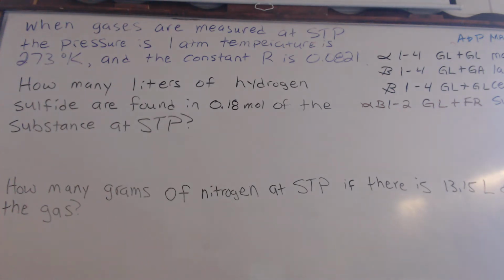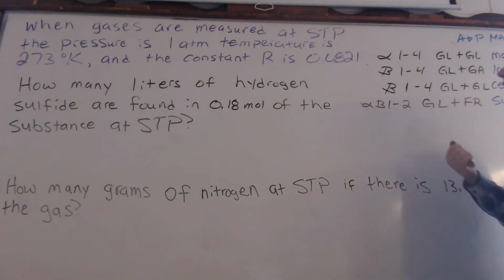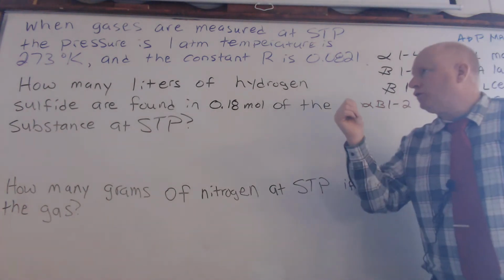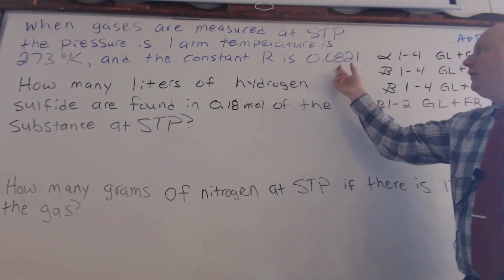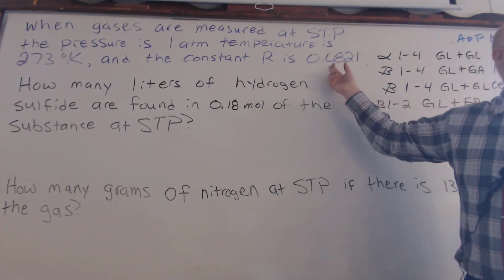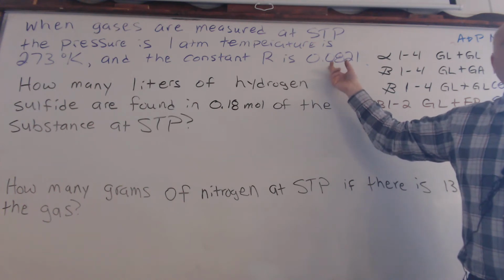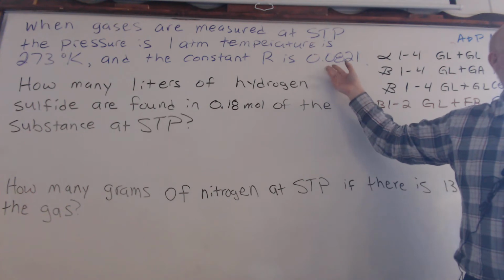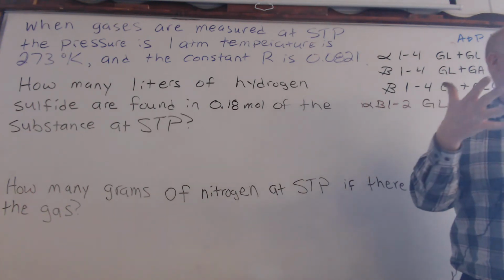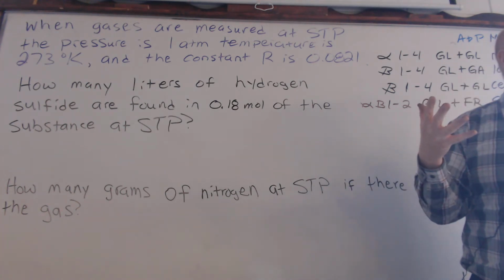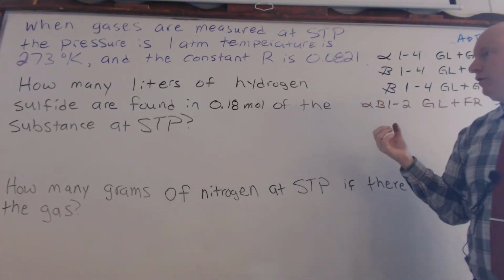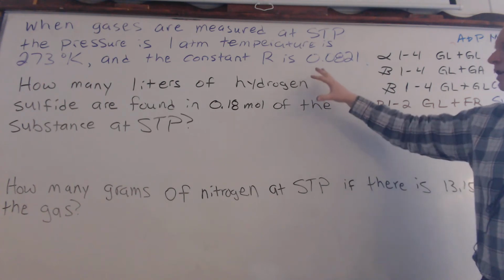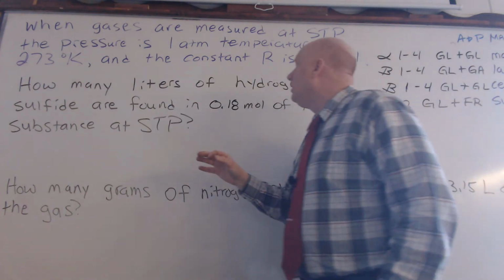You can, because we know what the pressure is, 1 atmosphere, and the temperature is 273. And then this is also a constant, okay? 9.8 is a constant. 3.14 is a constant. I'm sure there are others from math class that you probably dealt with, but those are the first two that come to mind.